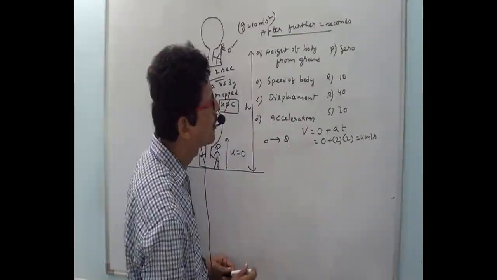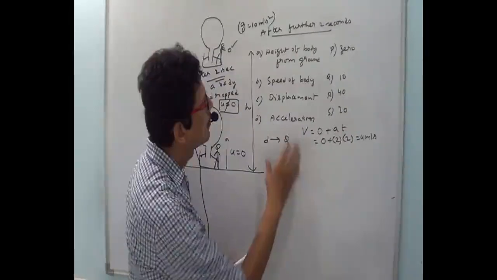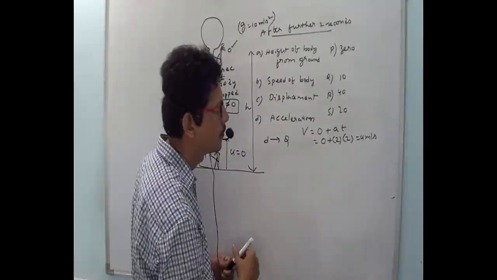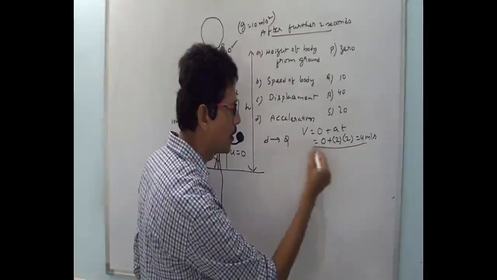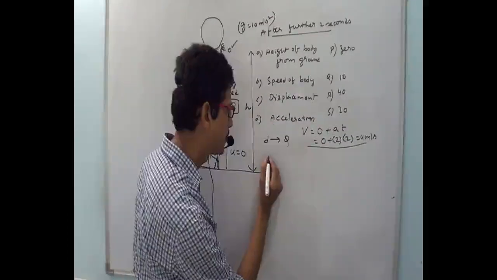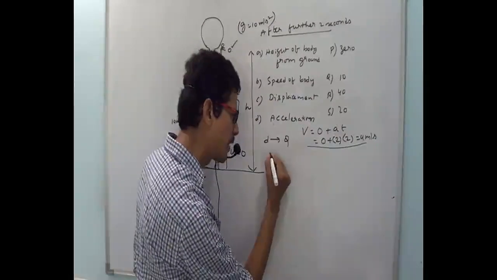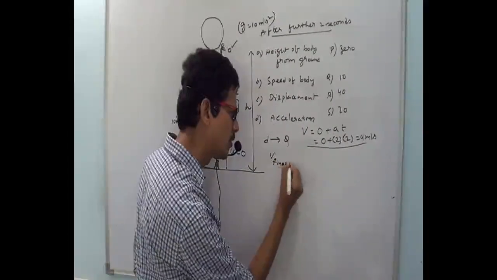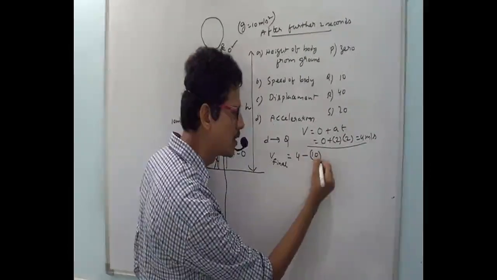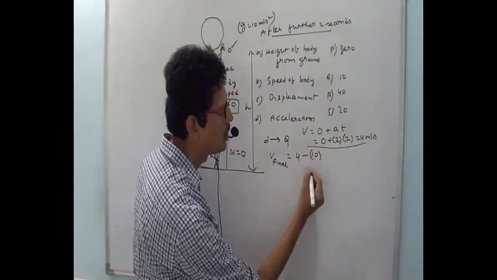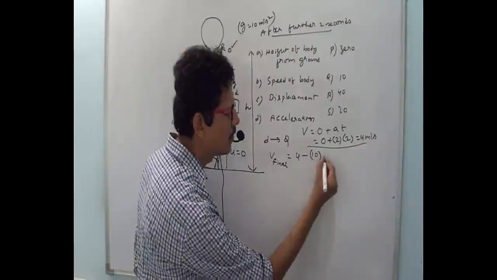Now he is asking what is the speed of the body. First we will calculate the speed. This is the initial velocity of the ball. So final velocity is what? Final velocity is initial velocity minus gt, g into t.